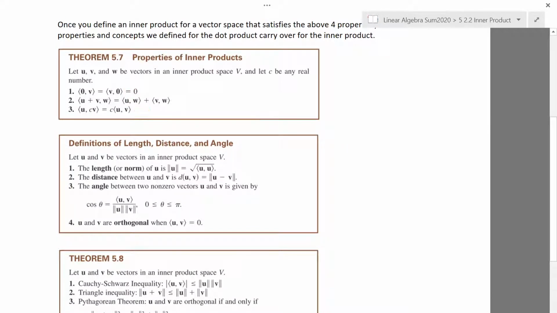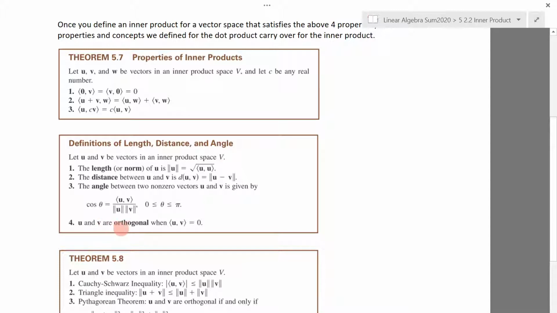So we can define the length of a vector as the square root of the inner product of the vector by itself. The distance is defined in a similar way. Angle, again, is defined in a similar way, with the inner product replacing the dot product.